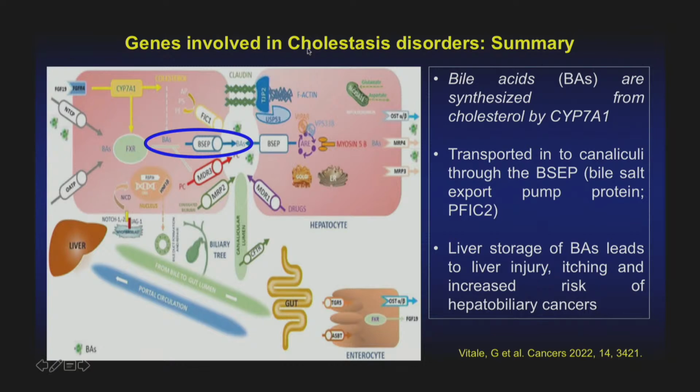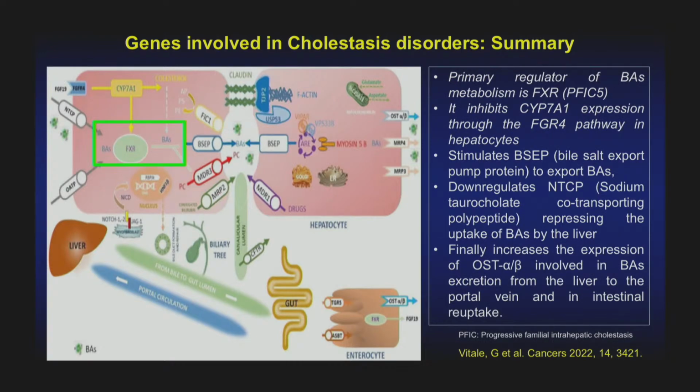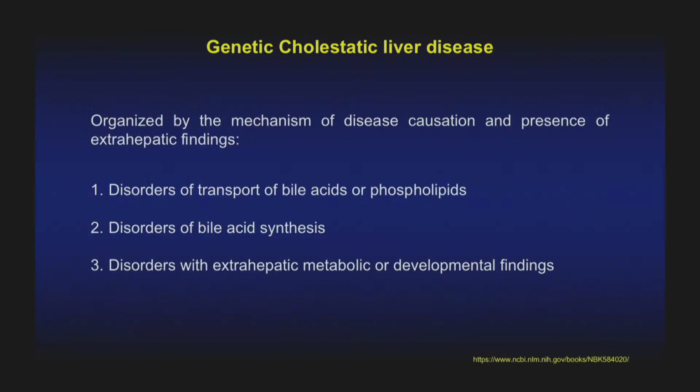They are transported into the canaliculi through the BSEP. And liver storage of bile acids leads to liver injury, itching, and increased risk of hepatobiliary cancers. Likewise, all the others are elegantly summarized in this cartoon, and all the genes have been mapped. I'll not spend much time here.